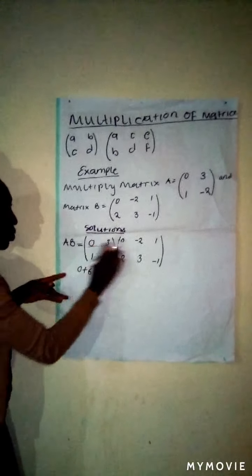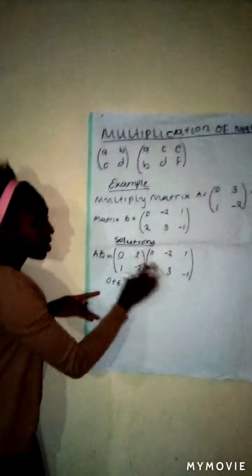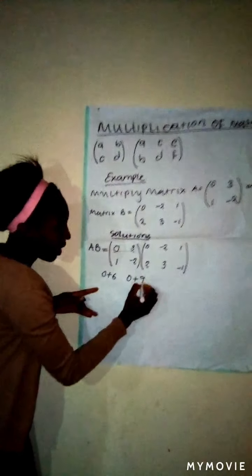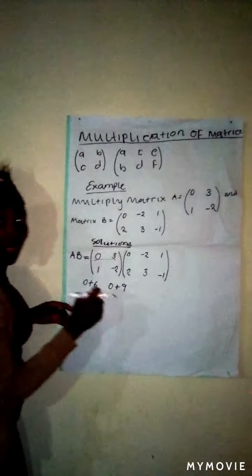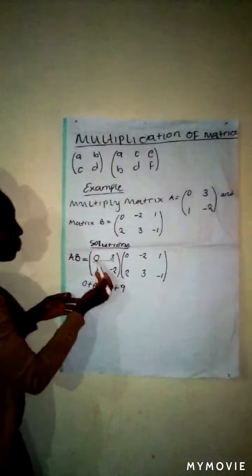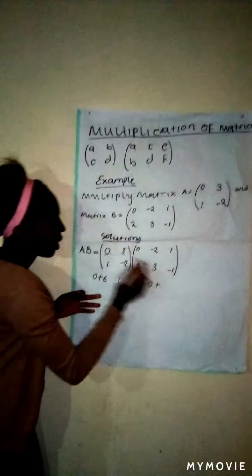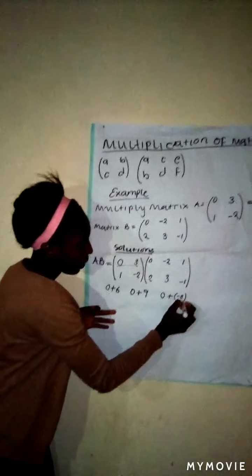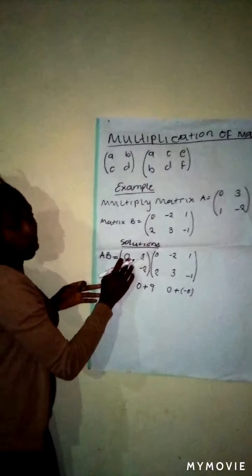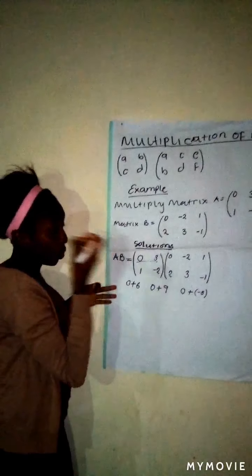So 0 times -2, I have 0, plus 3 times 3, I have 9. Again, I leave a space to indicate that I'm going into another column. This will be 0 times 1, I have a 0, plus 3 times -1, I have a -3. I'm done with this row because it has multiplied all 3 columns.